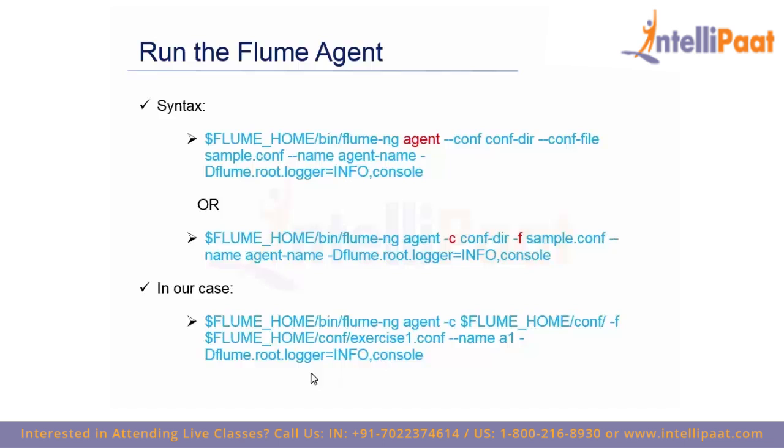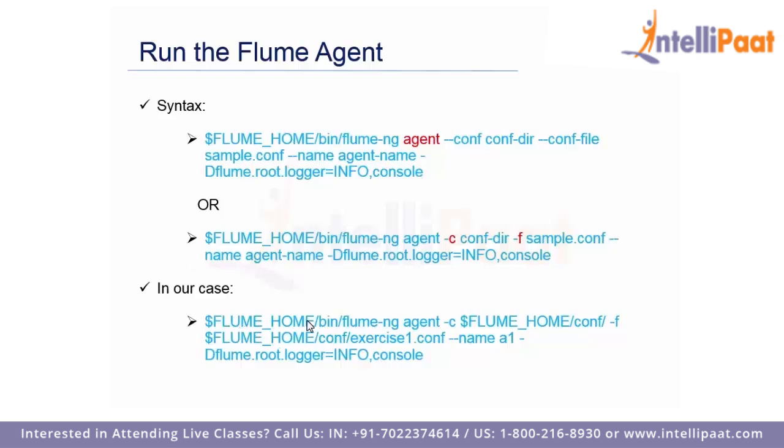We need a Flume agent, providing the configuration file to it. We will use the name of the agent that we defined in exercise1.conf, and finally we want flume.root.logger equal to INFO,console. I want all the results on the console itself.